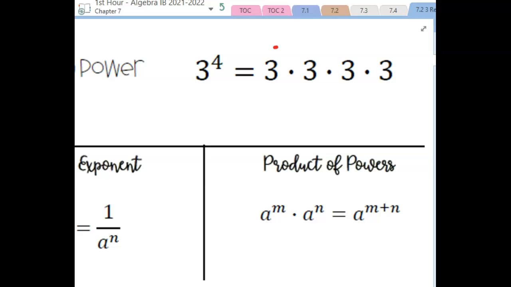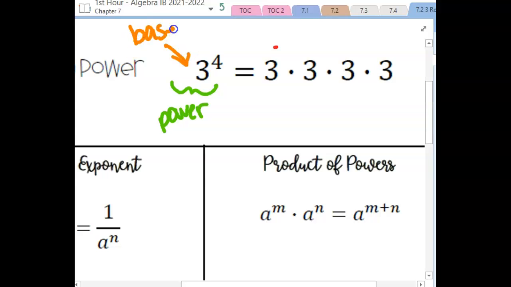The entire thing, the whole thing, is called a power. When you look at 3 to the 4th, you should say, look at that power. That's such a cool power. And then if we talk about the different parts of the power, the big number, the 3, is called the base.